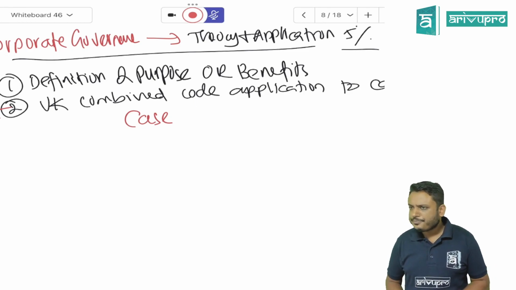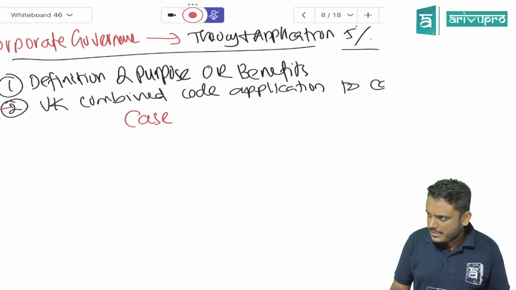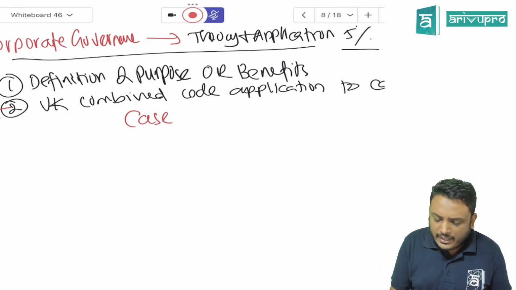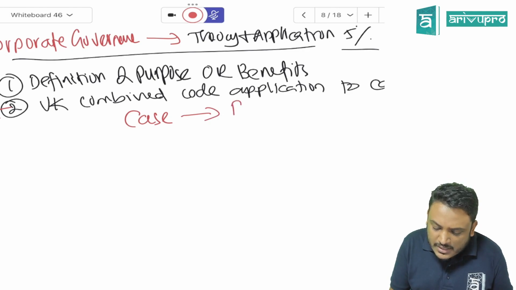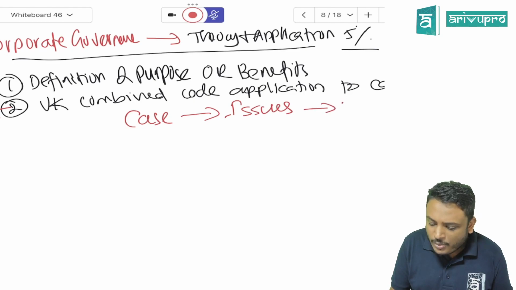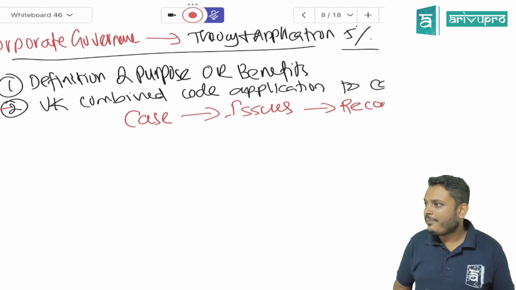Is it clear? From this case, you need to read that entire case and identify corporate governance issues. For those issues, you need to provide recommendations. You got my point?